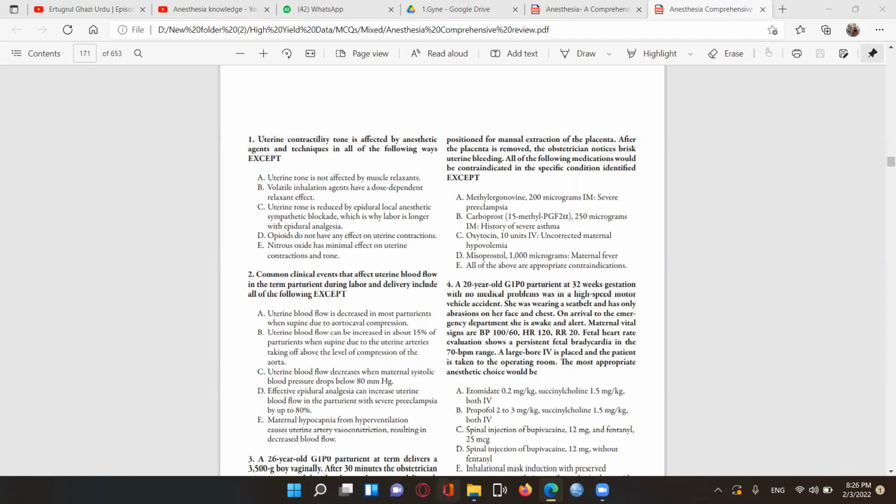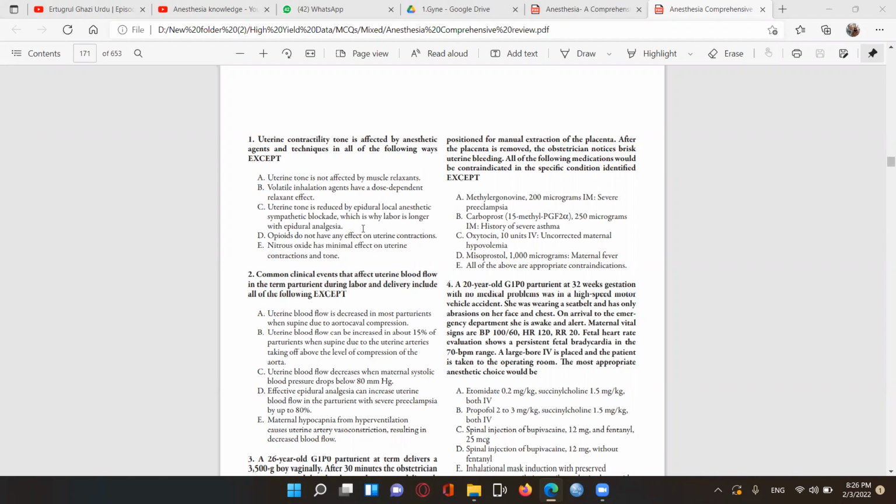Magnesium sulfate will affect the uterine tone and uterine blood flow. Hormones too. Even our inhalational agents affect uterine tone, sir.